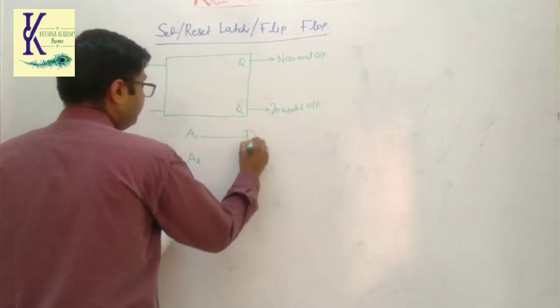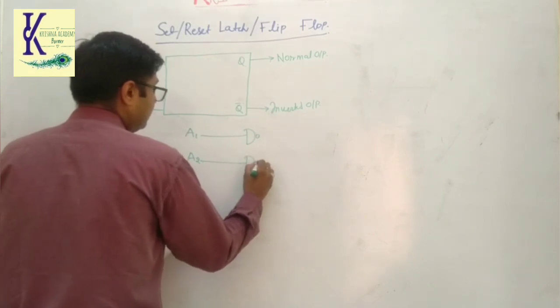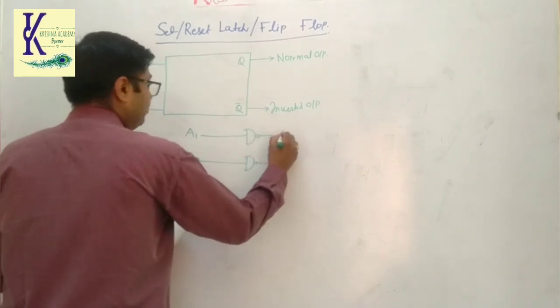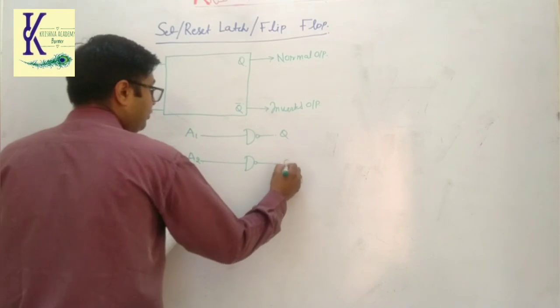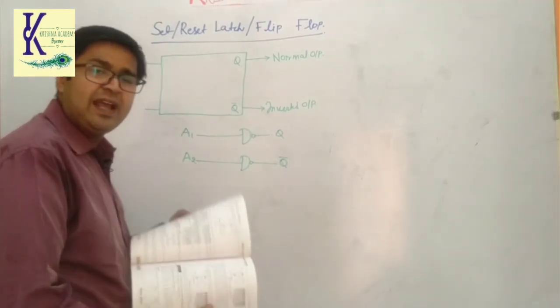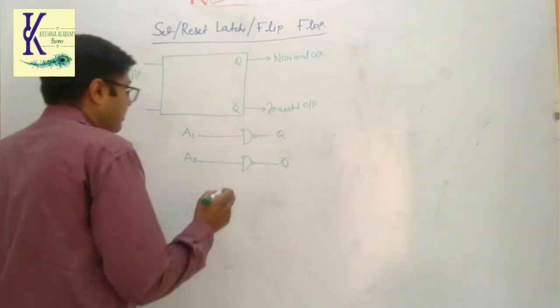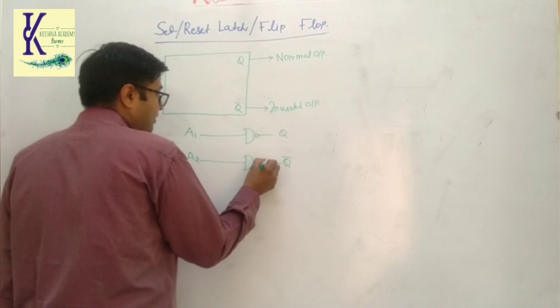Now, to make any device, there are 2 inputs. These inputs will be shown like this. This output is Q and this output is Q bar. As we understand, in any sequential circuit, feedback will be provided.